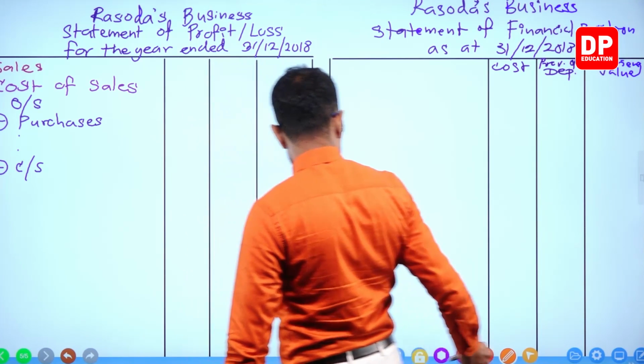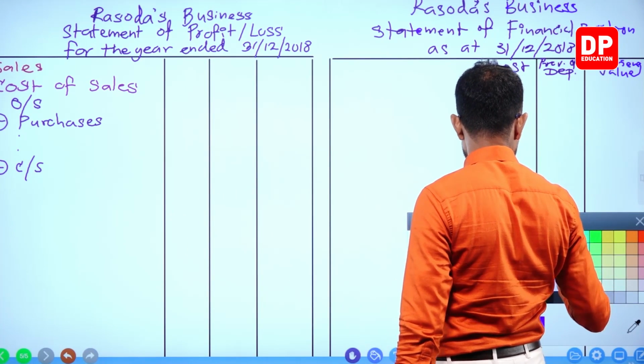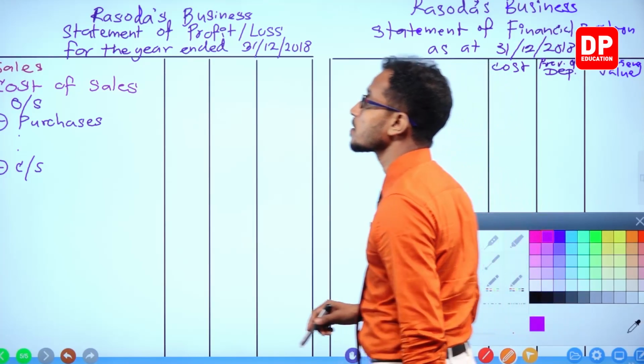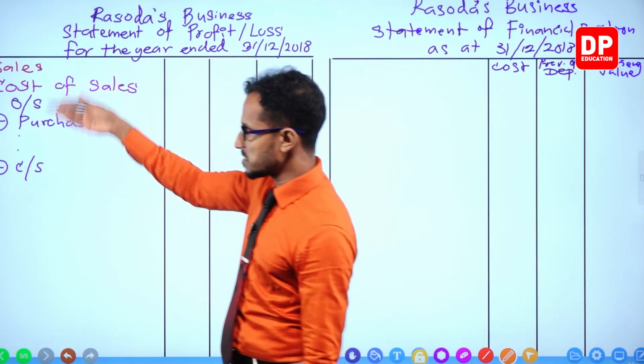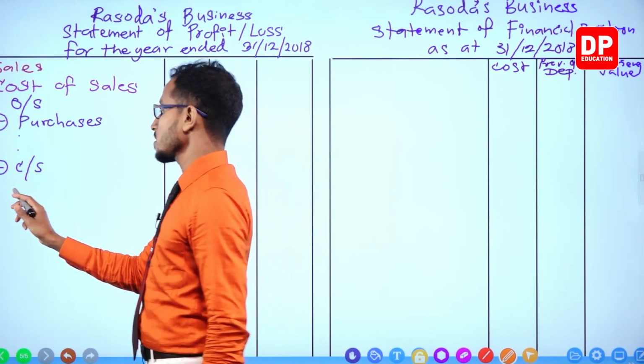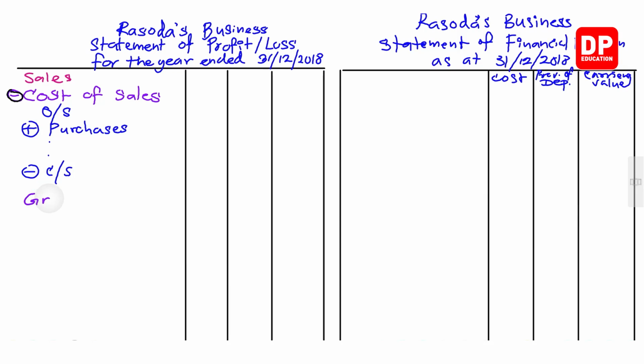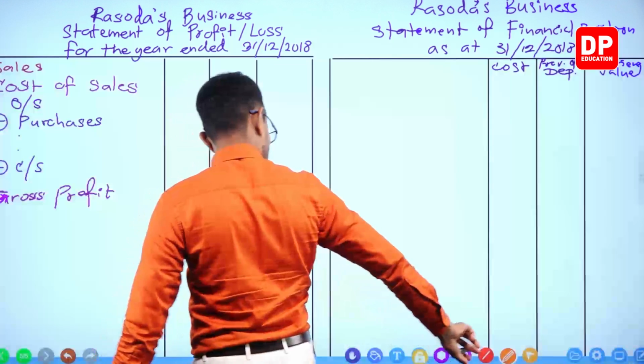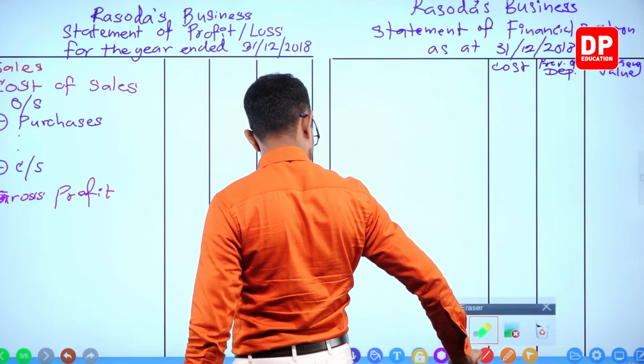Then the answer of the trading section, that means this section of the profit and loss statement, the gross profit, comes here.